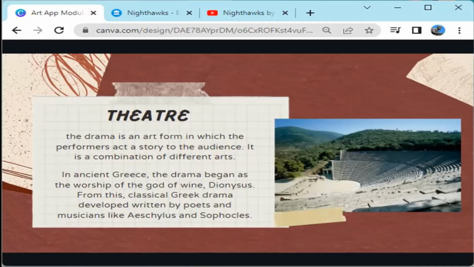This was done in open theaters back then. And the kind of architectural design is still evident in the way we create theaters today.